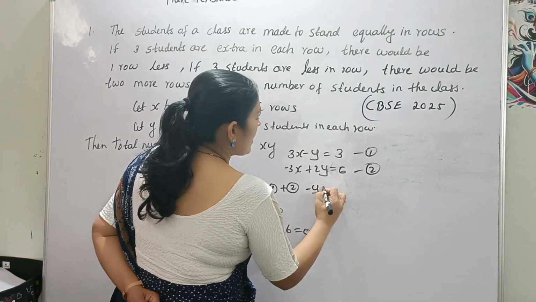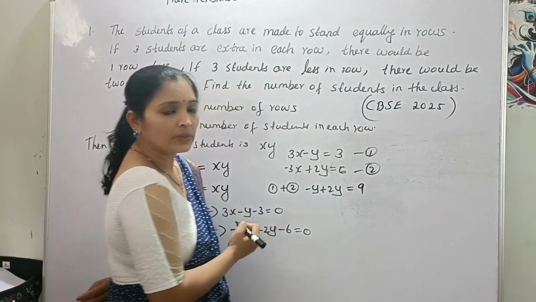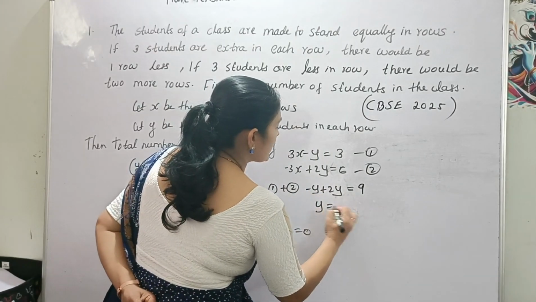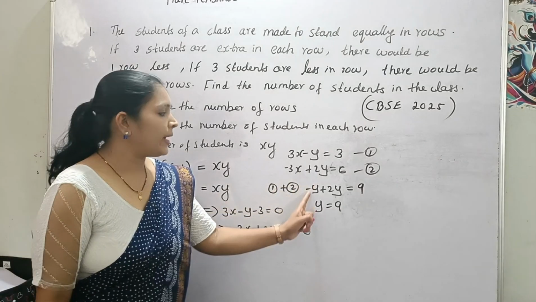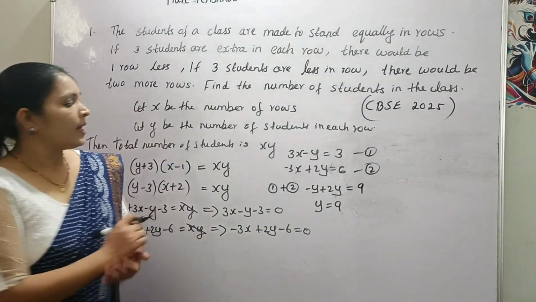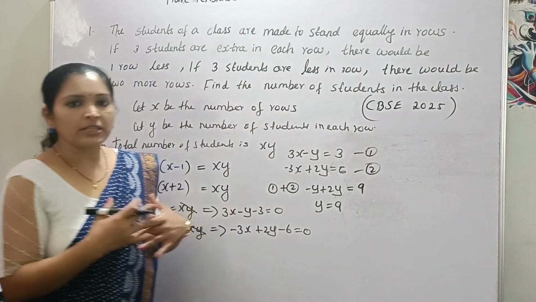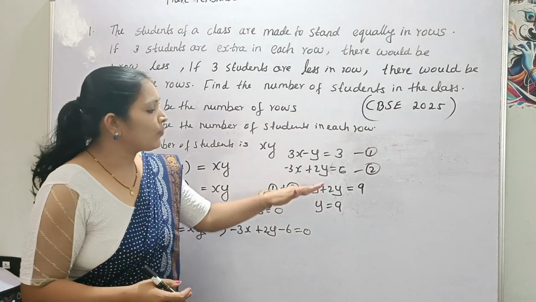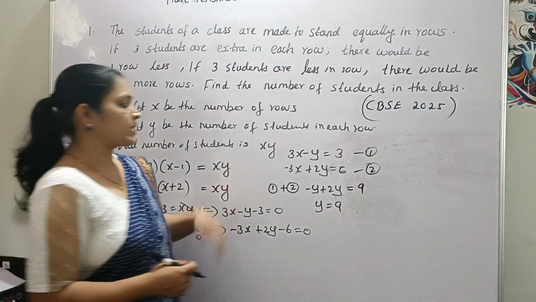Okay, minus y plus 2y is equal to 3 plus 6, 9. Minus y plus 2y is y, that is equal to 9. Then we have got y is equal to 9. Now we need to find the value of x, right? So substitute y is equal to 9 in any of these equations so that we will get x value.